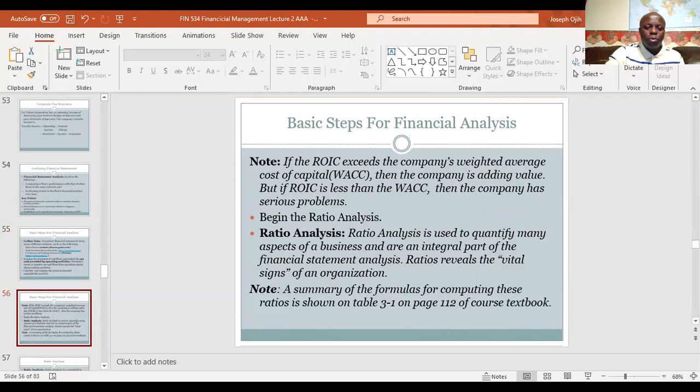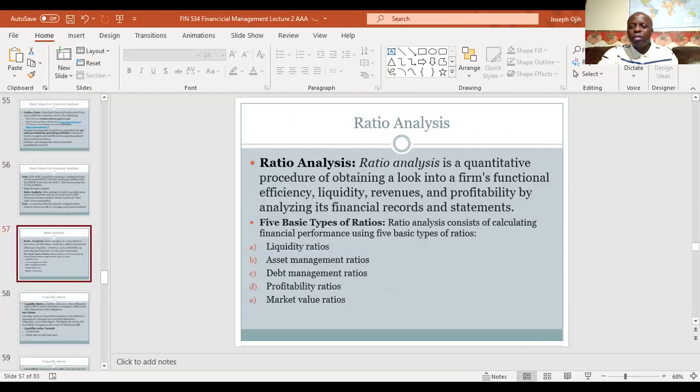Just the same way that you go to a doctor and the doctor checks your vital signs, blood pressure, sugar level, cholesterol level, to see if you are alive. That's the same way that ratio analysis tells us the vital signs of a company.